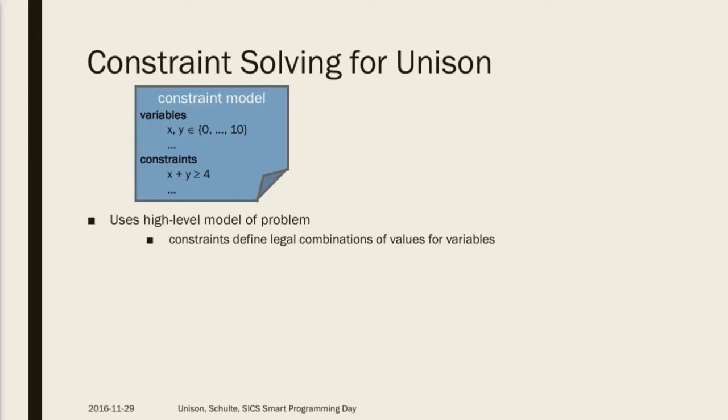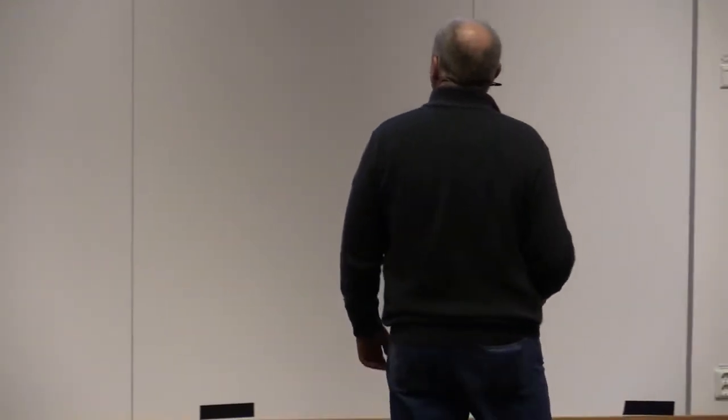All right, and as I said, we use a high-level model of the problem, and we already went through what a constraint model is in principle, right? You have variables, you have constraints that define which combinations of values the variables can take on, and then the solution of a model that we compute satisfies all constraints.